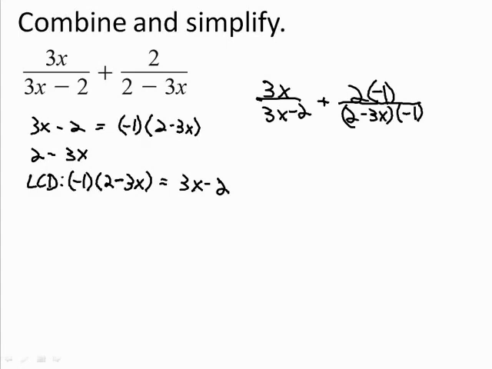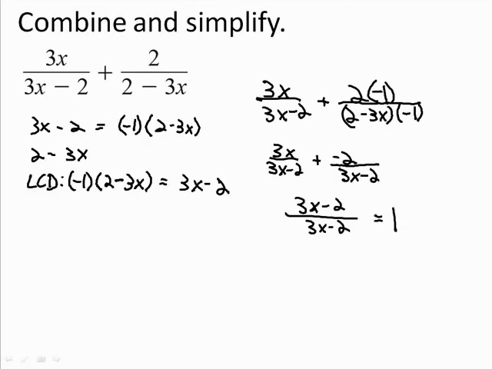Multiply the negative 1 and the 2, and distribute the negative 1 to the 2 minus 3x. 3x divided by 3x minus 2 plus negative 2 divided by 3x minus 2. Now that both fractions have the same denominators, add the numerators. 3x minus 2 divided by 3x minus 2. The numerator and denominator are equal, so this simplifies to 1.